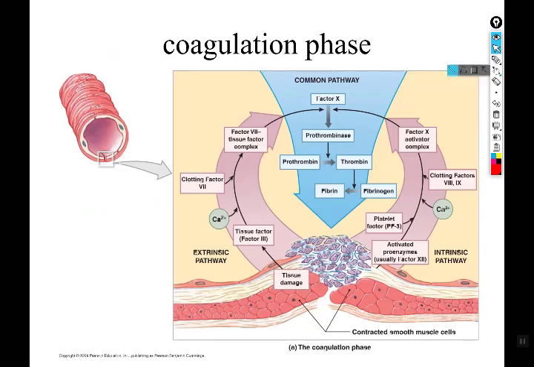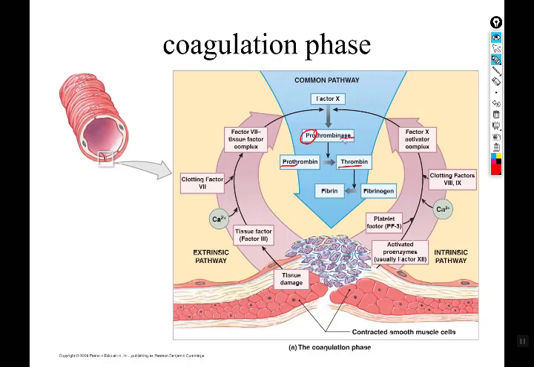Okay, so factor 10, which remember unifies the two pathways, joining them in the common pathway, is going to activate something called prothrombinase. Remember, I told you guys that a lot of these liver proteins were pre-proteins, meaning they're precursors that are activatable but not active yet. Here's one of them. So prothrombinase is going to convert prothrombin into thrombin.